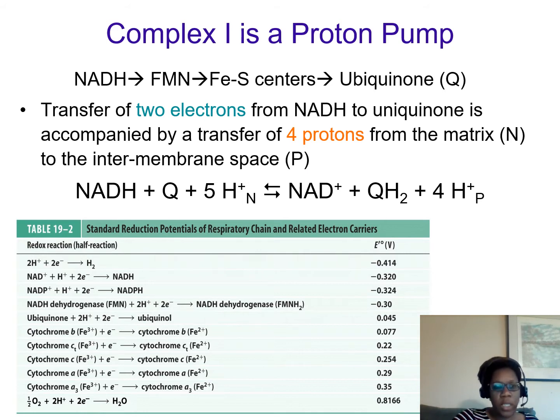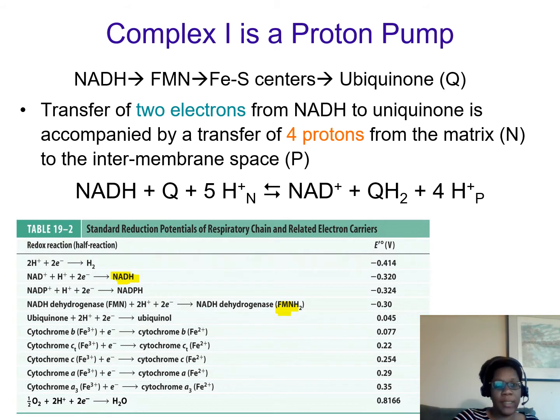And if we look here at NADH, where we started, it has a reduction potential of negative 0.32. Then we transferred it to FMN, the NADH dehydrogenase complex. It has a higher reduction potential.